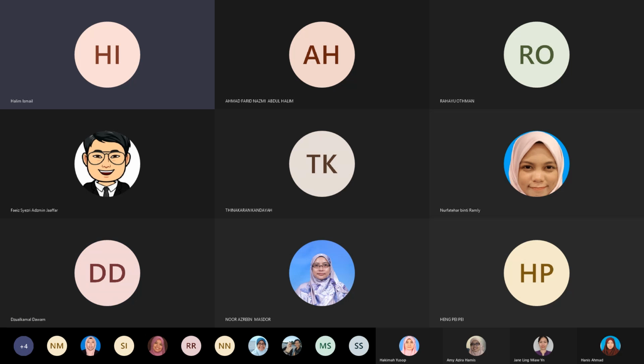Basically nanti DOSH akan... it is between the employer and the employee. They need to work together. Under OSHA too, the employer and the employee need to work together. But as I mentioned early on in the lectures, because of a difference in power, kan? Kadang-kadang employee themselves, they are afraid to speak out.